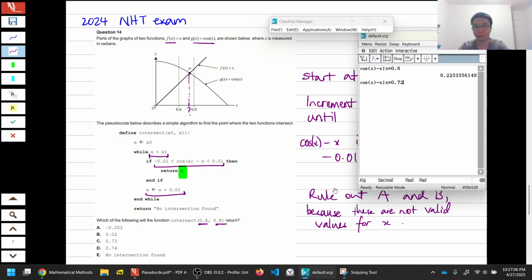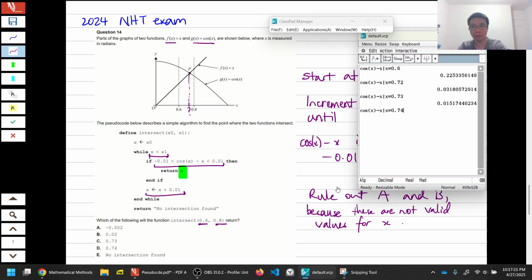0.72 to start with, just before 0.73. It's too high. This is above 0.01. Now go to 0.73. It's still above 0.01.